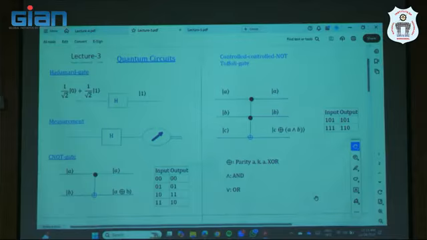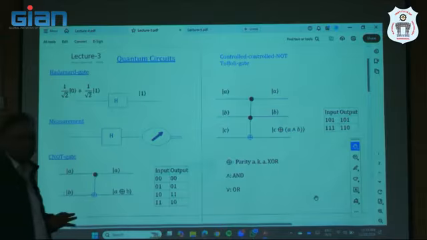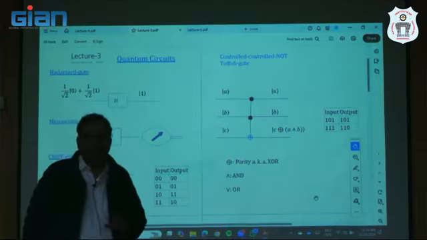If the first wire is 1, flip the second wire. That means, look at this, 0, 0, the first wire is 0, so nothing is happening to the second wire: 0, 0 stays 0, 0, 0, 1 stays 0, 1. But when the first wire is 1, the second wire is flipped, 0 goes to 1, 1 goes to 0. Clear? Any more questions?